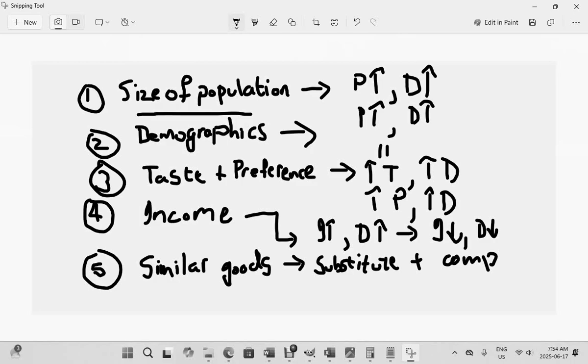Why? Because their price is lower than yours, as a result of which the demand for their good is more than yours. So substitute products have more of an inverse relationship. As the demand for your product goes up, the demand for substitute products will go down. As the demand for your product goes down, the demand for substitute products will go up.